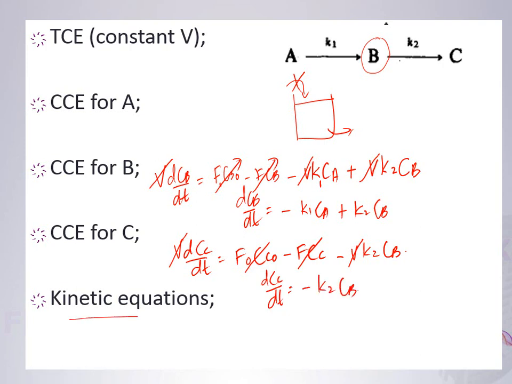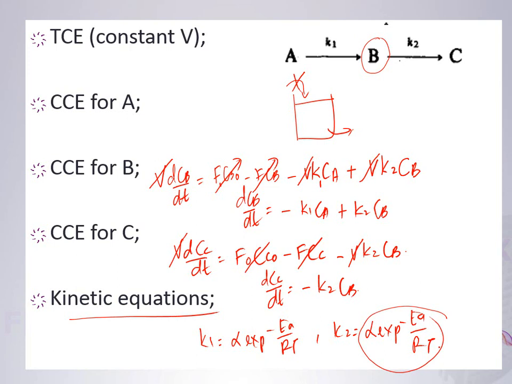And remember, you have the kinetic equations. Your K1 is actually alpha exponential minus EA over RT, and the next one, your K2 is equals to alpha exponential minus EA over RT. Okay, so you plug in these values inside this, and you plug in these values inside here.